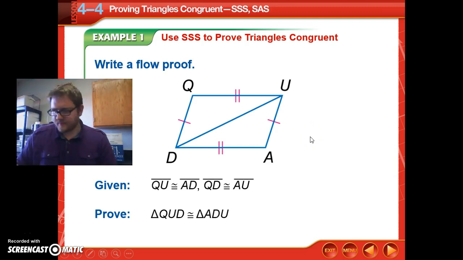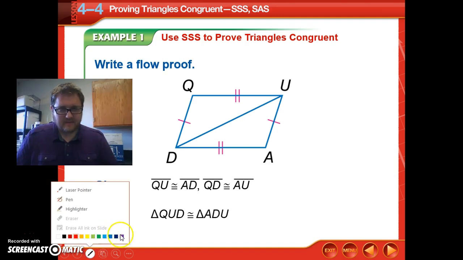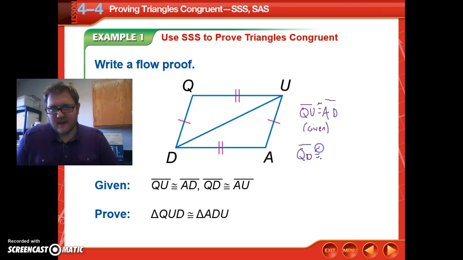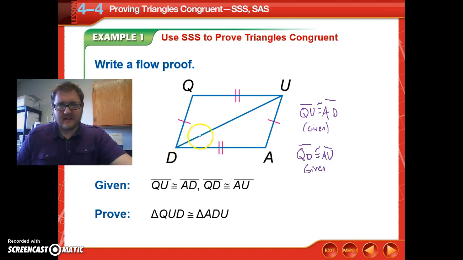So what we can say is we know that QU is congruent to AD by the given. We know the same for QD and AU. And finally, the only thing we need to prove is that that third side is congruent.